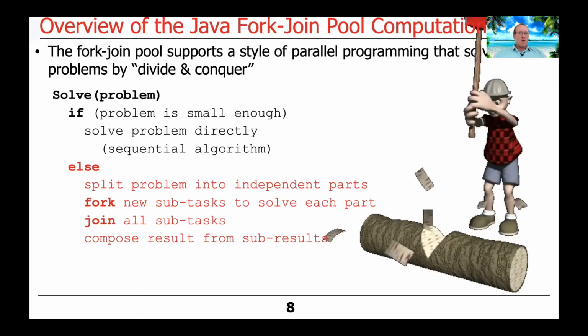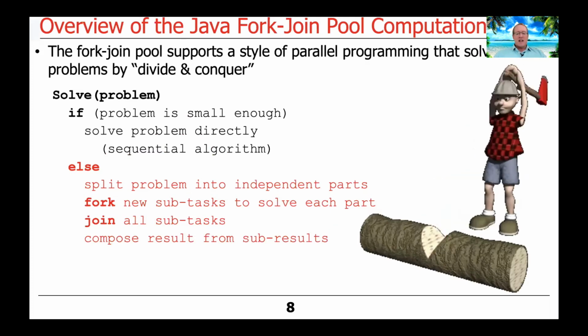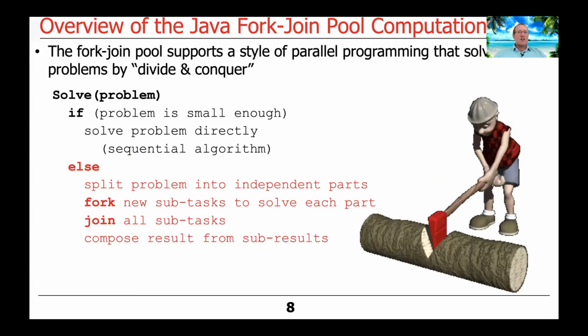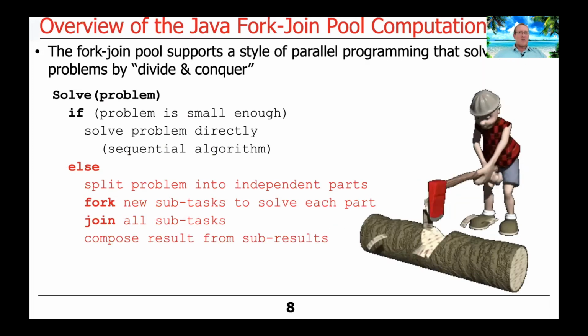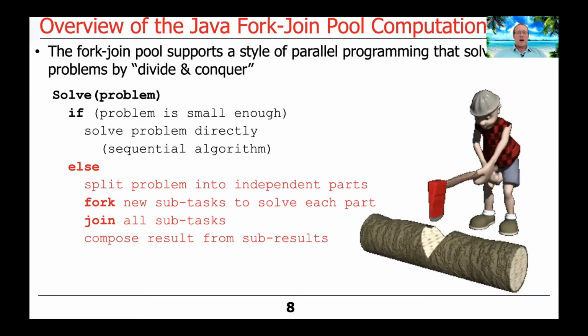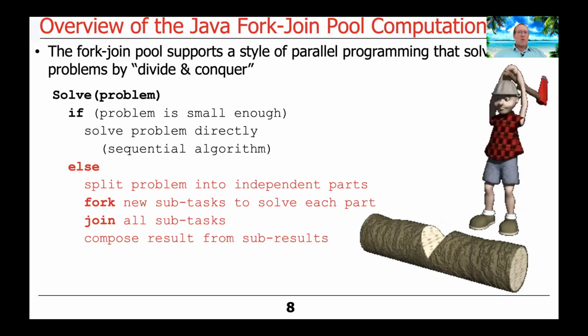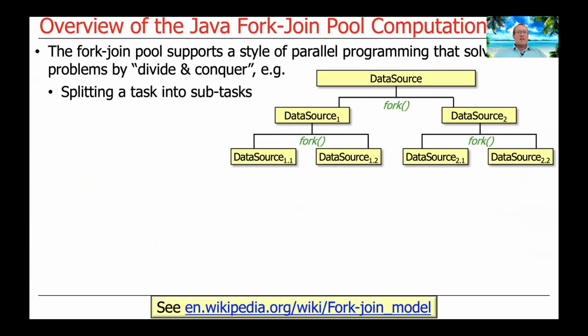You then have those run in parallel. They get joined back together as they complete, and then you compose a result, a composite result typically, from the results of the subresults. And so that's basically the way things work. And we'll learn about this as we go through, and you'll get a chance to program the fork join framework in programming assignment 4A.